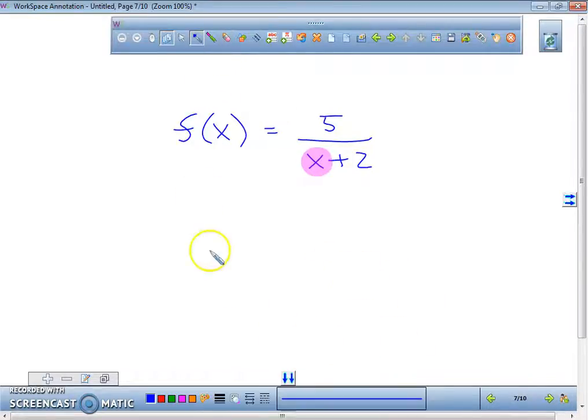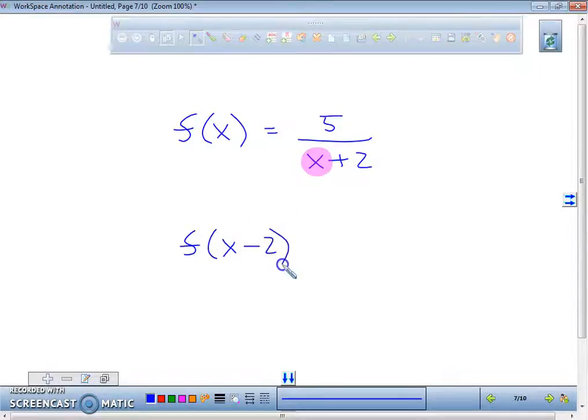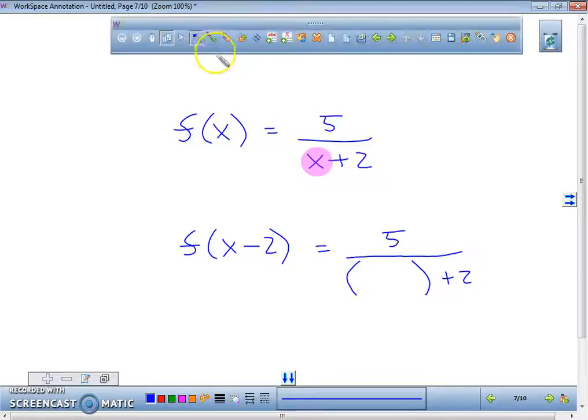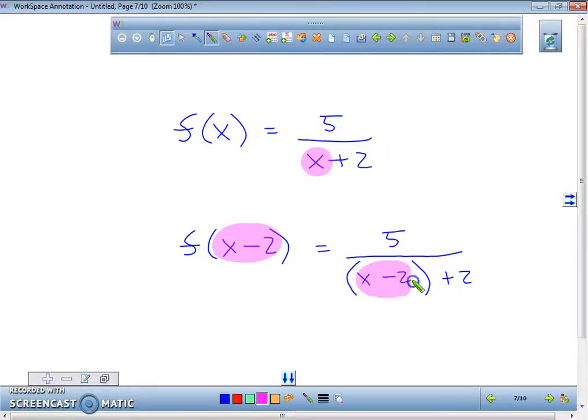All right, here we go. If I say, what is f of x minus 2, then you would put 5 over, and in parentheses for the x, what am I going to plug in for x? x minus 2. Whatever I put in this parentheses is literally what I am putting in the place of your x value.